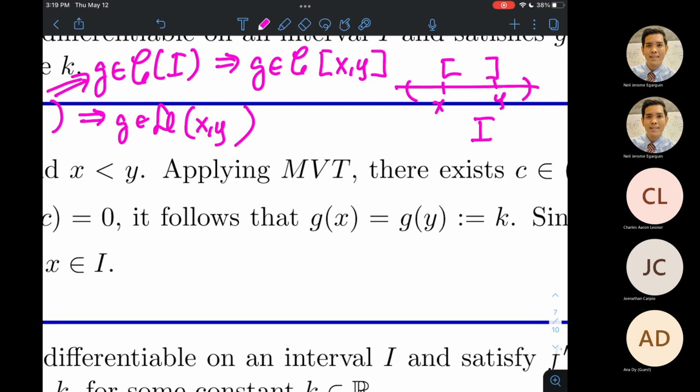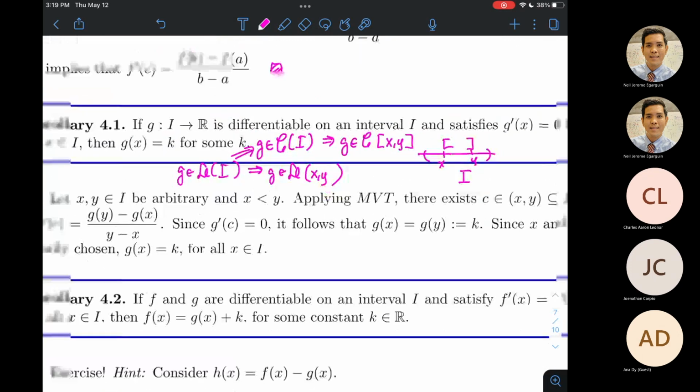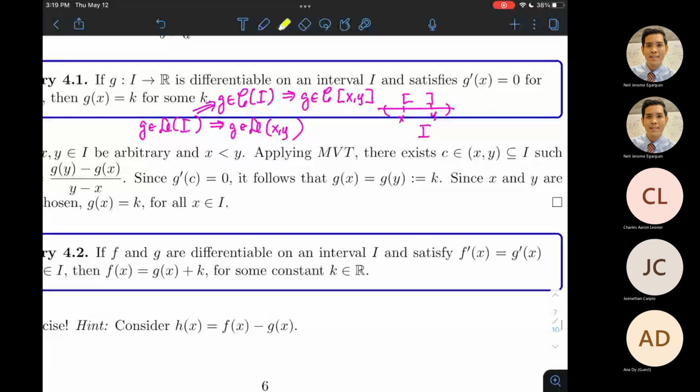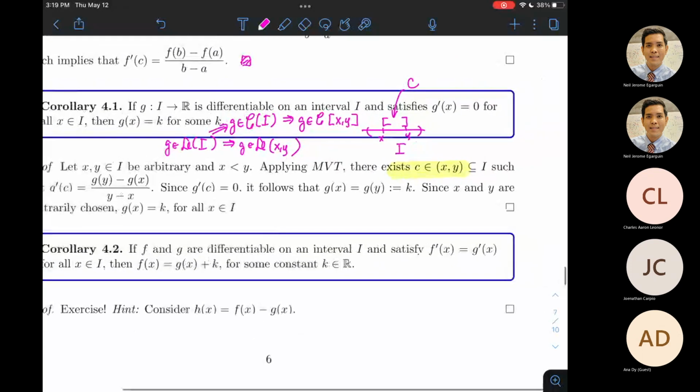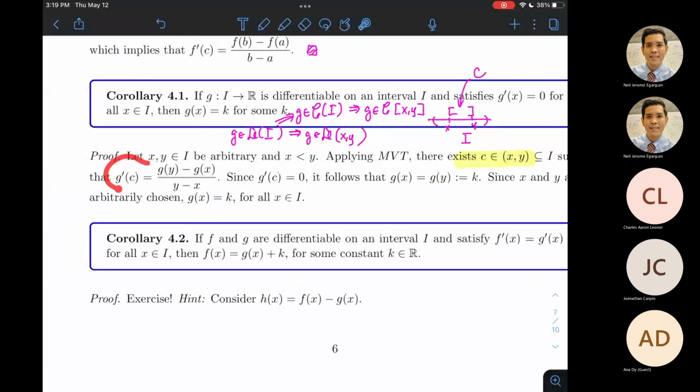Okay? So, appealing to the mean value theorem, we know that since the premises are satisfied, there exists a number C on the open interval XY. So, nandito si C sa loob na yan. Such that the derivative at the number C is equal to the mean value of G over the interval XY. So, mean value theorem lang yan.